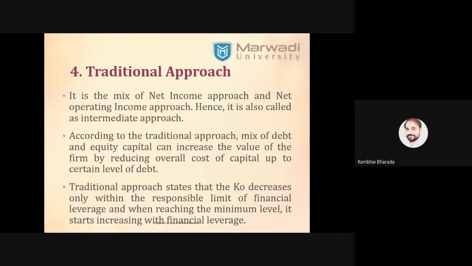So up to 5 lakh, the company can get the maximum benefit. There is an increase in the value of the shares, the value of the firm. But beyond 5 lakh, there is a decline in the value. So these are the four theories that you need to remember for the mid-term and for the final examination.